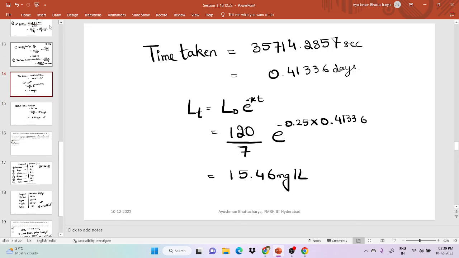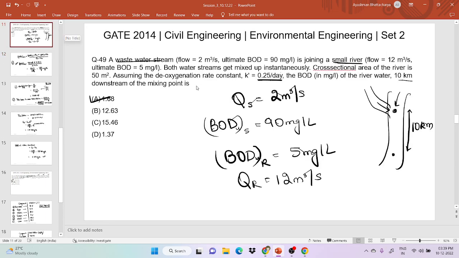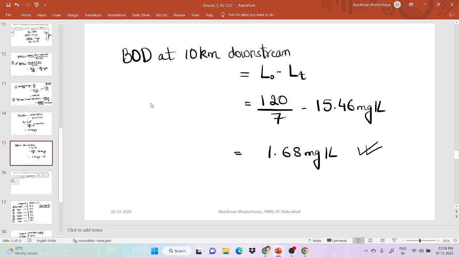They have not specifically mentioned BOD consumed or BOD remaining. So whenever nothing is mentioned, we will follow this method only. In a few questions of GATE, they will specifically mention it. Okay, sir.